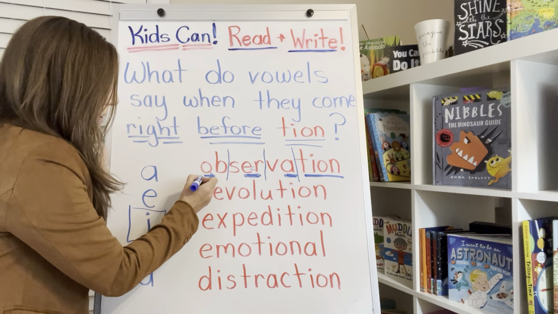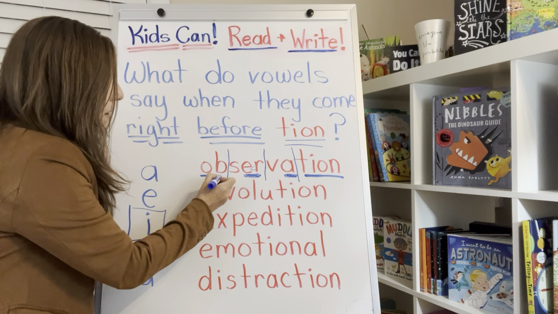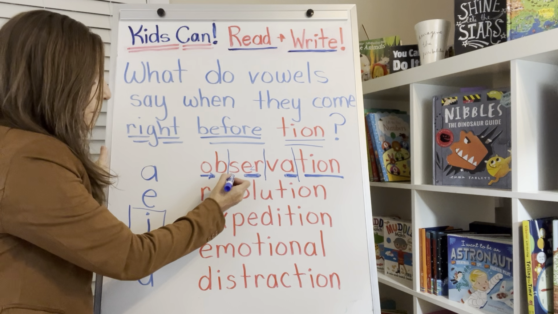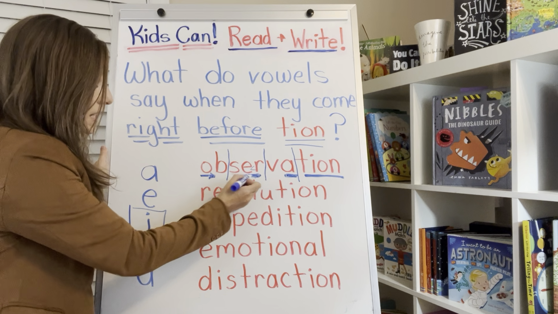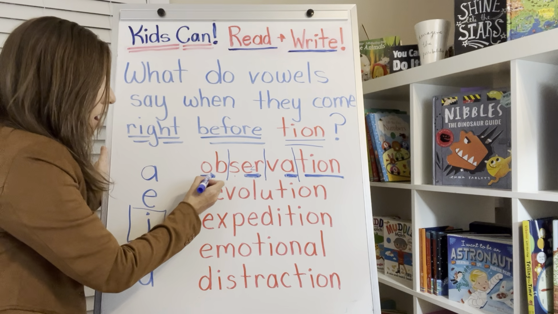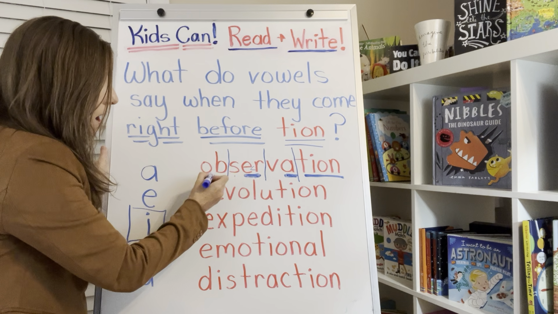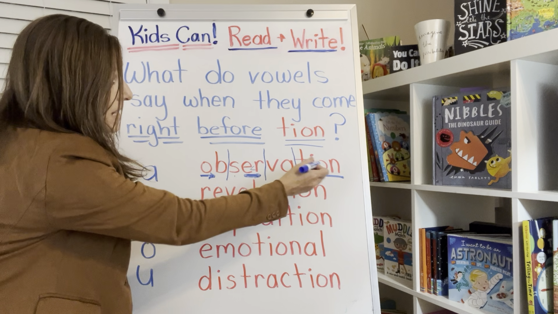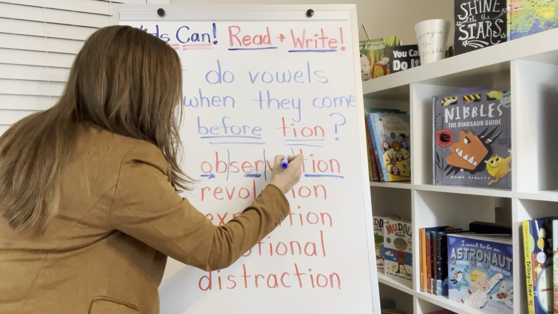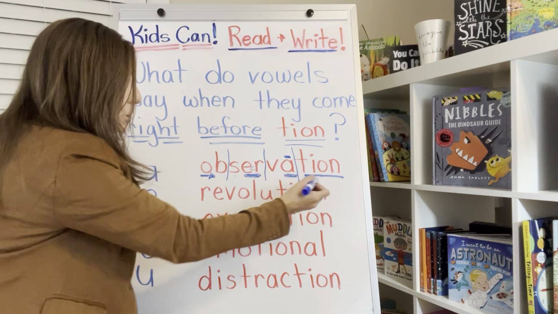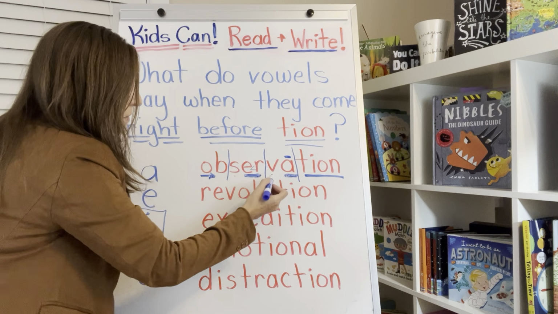So here we go. We're going to read it. Ob. Then we read the next part, ser. If we put these two together, we get obser. Now let's read this part. Now remember, A is going to say his name because he's touching the shun. So shun will boss him around.